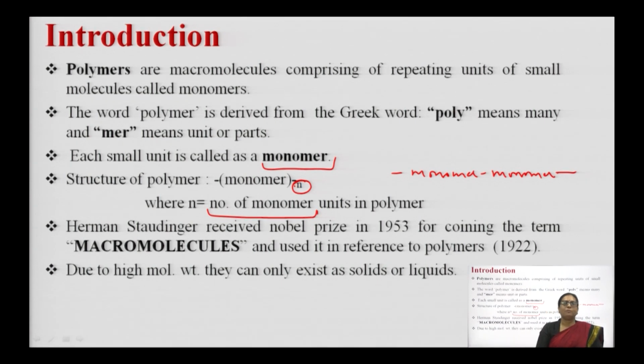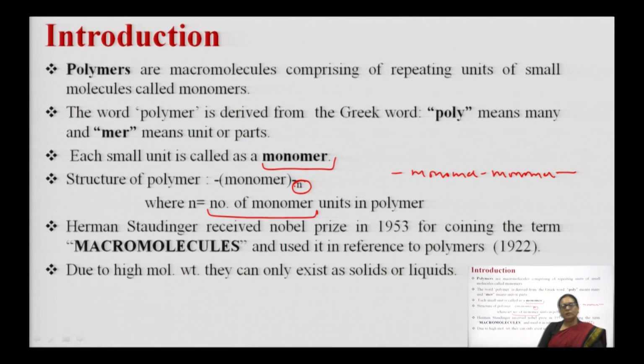We said that they are macromolecules. This term macromolecules was stated by the scientists Hermann Staudinger. He received the Nobel Prize in 1953 for coining this term, because he had used it in reference to polymers in 1922.